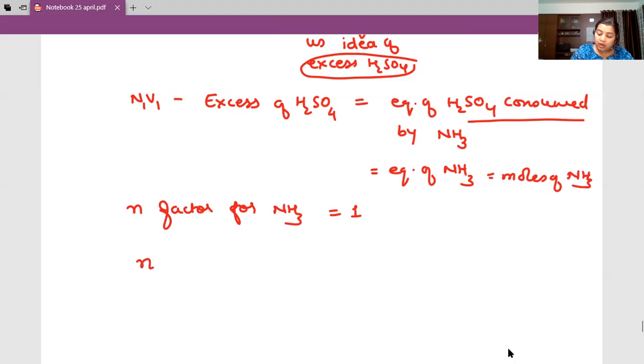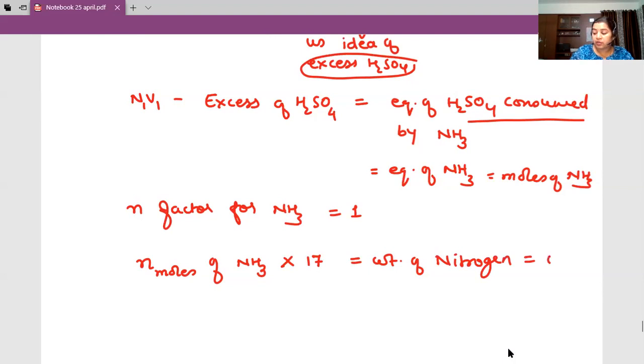Number of moles of ammonia multiplied by 17 is the weight of nitrogen. Let this be W grams. So percentage of nitrogen is W upon X into 100.